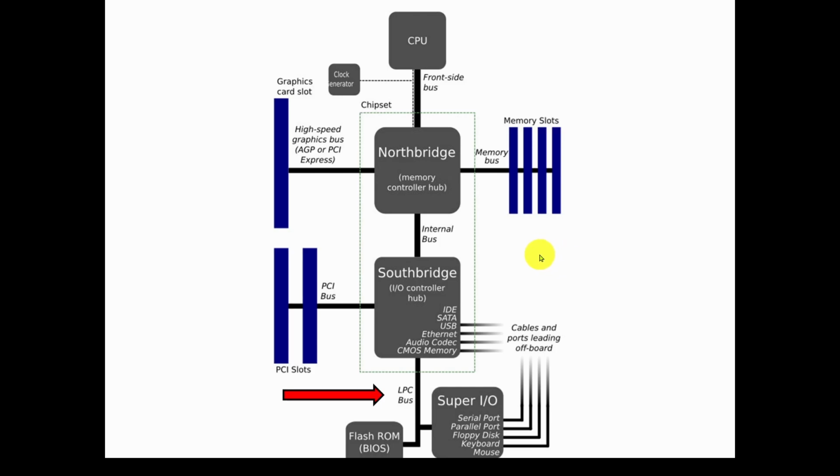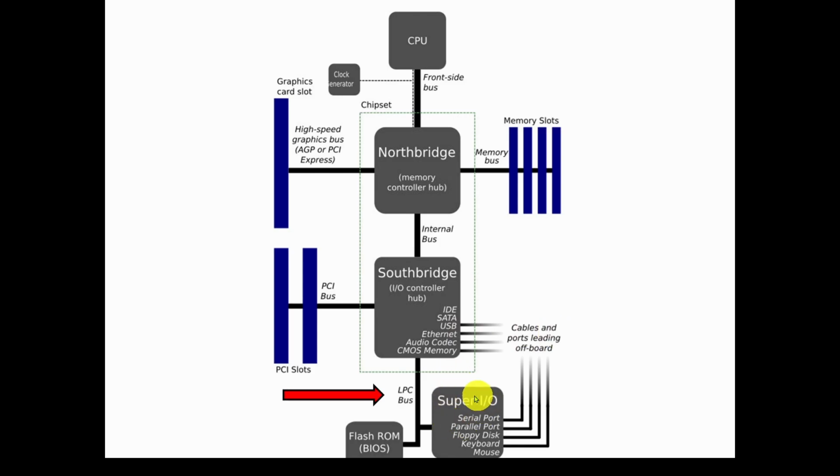Now here is another general graphic of the Super I/O and other components and how they deal with the CPU and the chipset. You can see there's a north bridge and a south bridge, the south bridge being the I/O controller hub. And you can see that the south bridge is kind of sort of like a Super I/O, where it communicates IDE, SATA, USB, Ethernet, audio codec, CMOS memory, and those are cables and ports leading off the board.